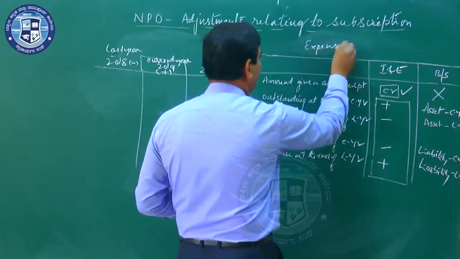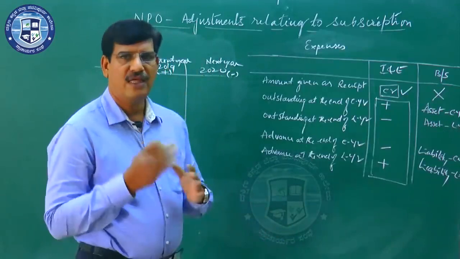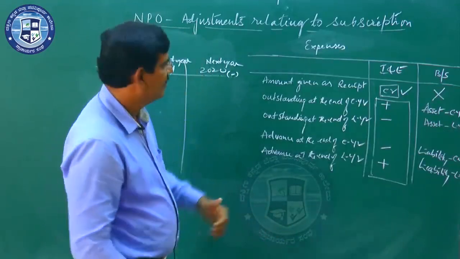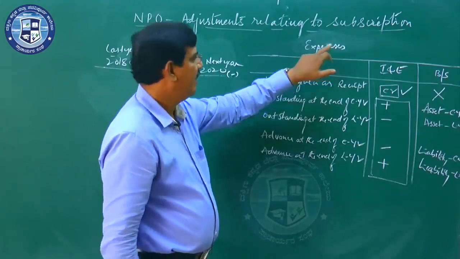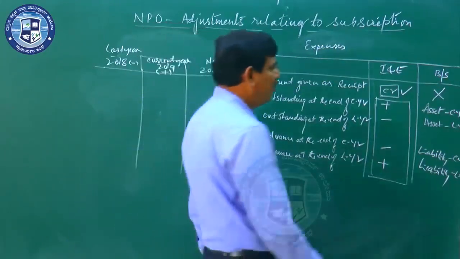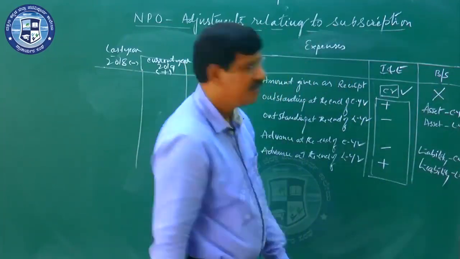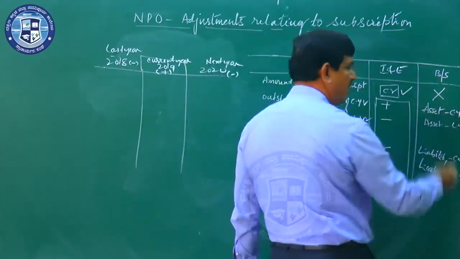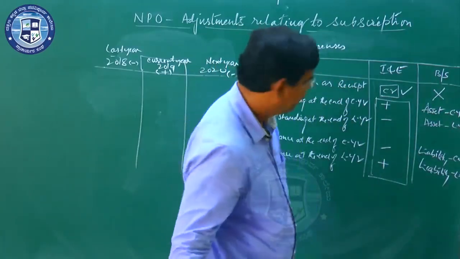There won't be any change while recording the expenses, but only the nature changes. Here instead of income we have written expenses. So here also in the balance sheet the nature changes. Instead of writing assets, you may have to record it as liability. Let's see them one by one.